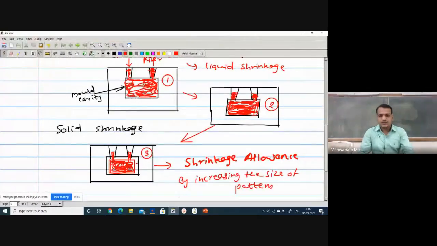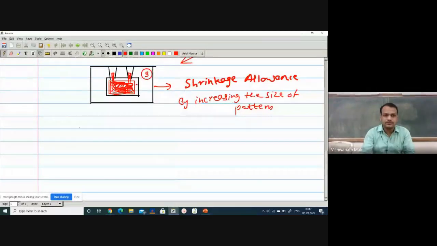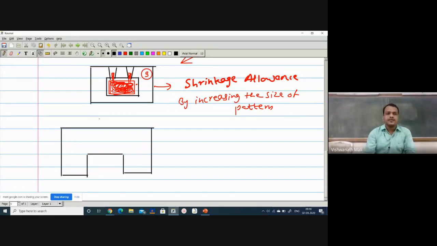Okay, so we will see an example. We have a product whose shape is like this. Now the dimensions.